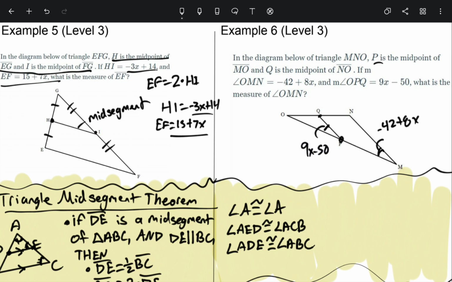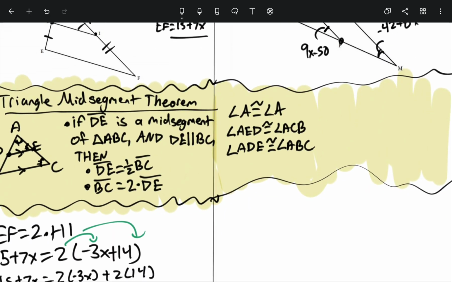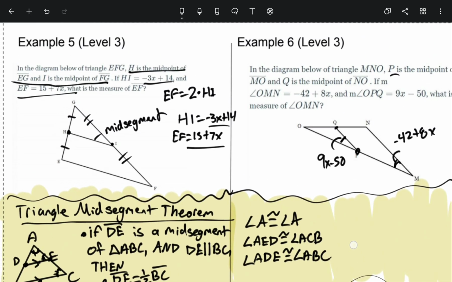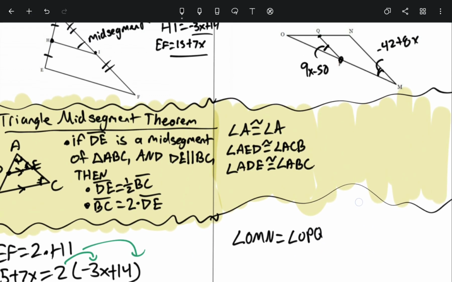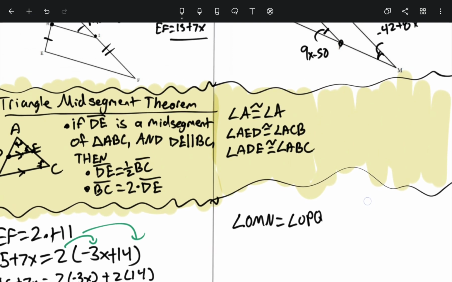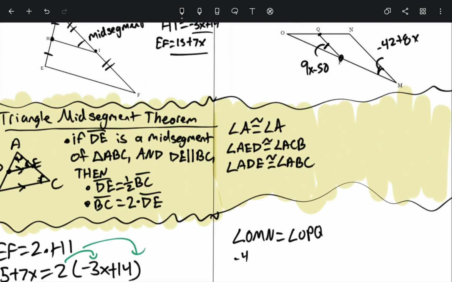What is the measure of angle OMN? Well, we know those angles are congruent, so we can set them equal to each other. So angle OMN is equal to OPQ. So negative 42 plus 8x equals 9x minus 50.